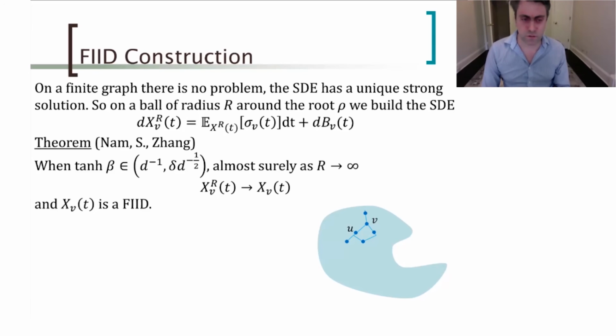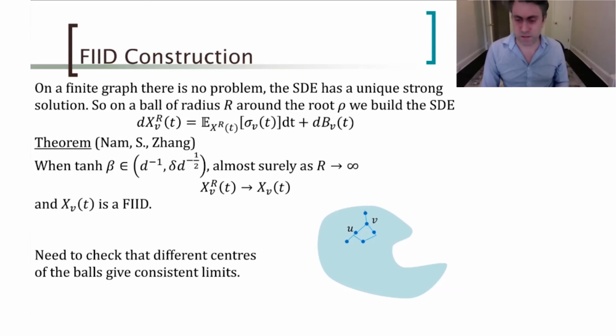Okay, so we have to check a couple of things. First of all, that as we let the radius grow, these processes do indeed converge almost surely. And also, when we're applying this to different vertices, the balls will have different centers. And so we need to check that we get consistent results when we take different centers.